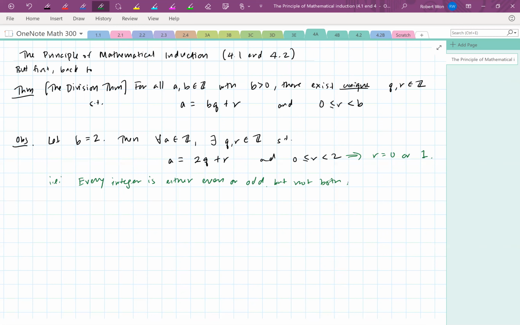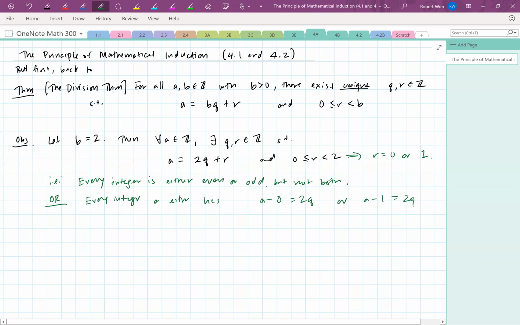Okay, another way to say this is that for every integer a, either a minus 0 equals 2q, or a minus 1 equals 2q for some integer q.